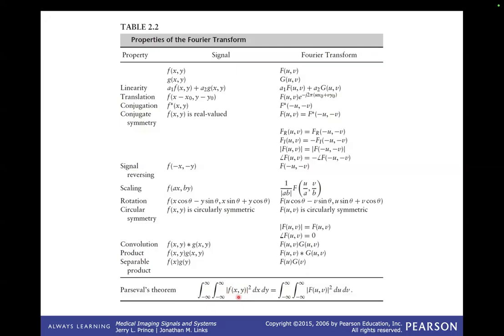If there's lots of brightness, I get a lot of stuff. It turns out if I look at the Fourier transform, take its magnitude, square it, and integrate over all of Fourier space, I get the same number. So the amount of power in the spatial domain is preserved after you take the Fourier transform. You've got the same amount of power in the Fourier domain. It doesn't shrink down or disappear. Okay.